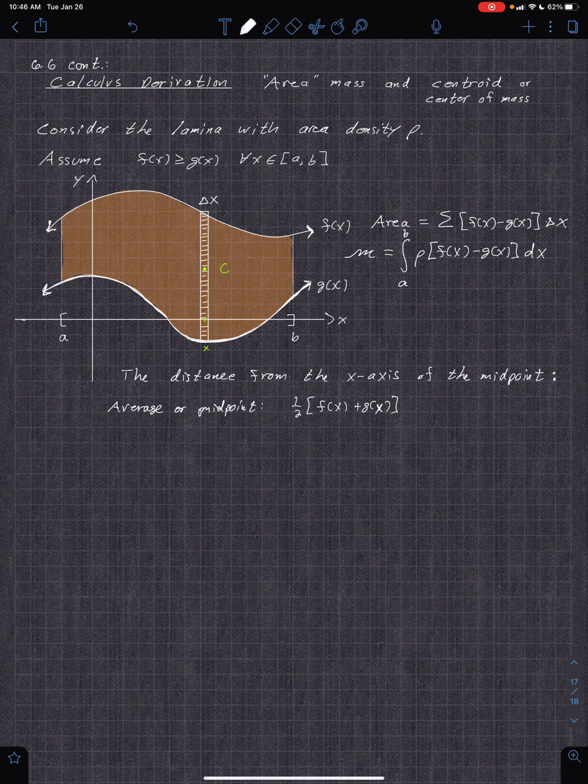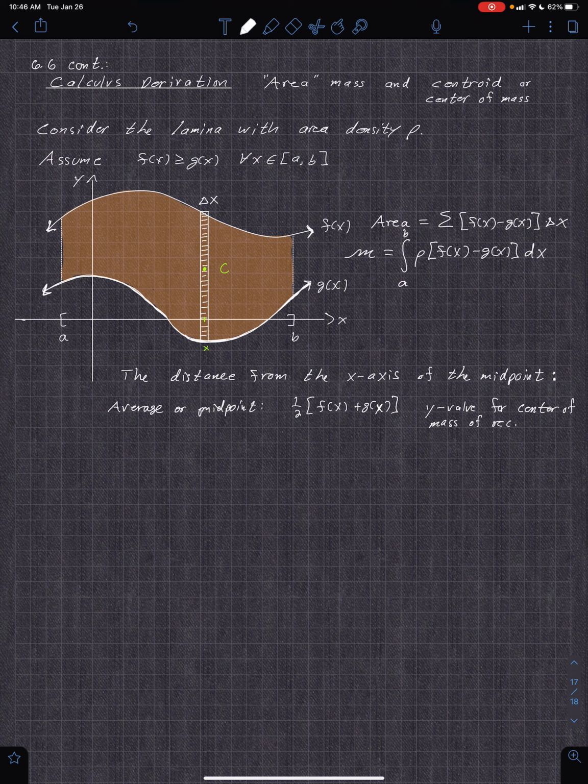Okay, and that's the y value for the center of mass. So y value for the center of mass of the rectangle.